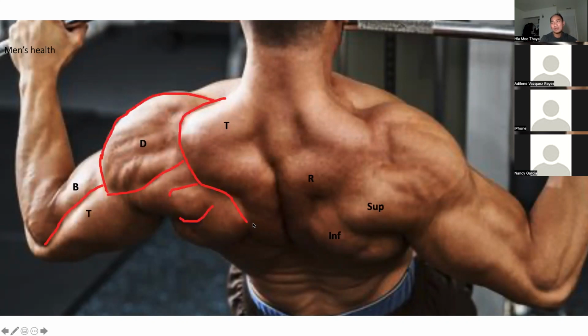Deltoid muscle here. This is the supraspinatus muscle. This is the infraspinatus muscle. And this is the trapezius muscle here. Those muscles on the medial aspect of the scapula are called rhomboid muscles. We'll look at that later.